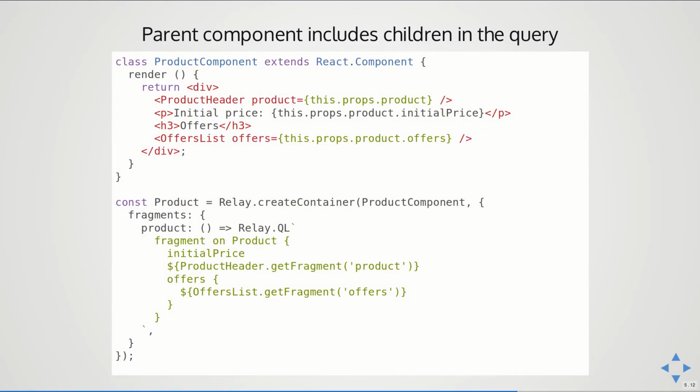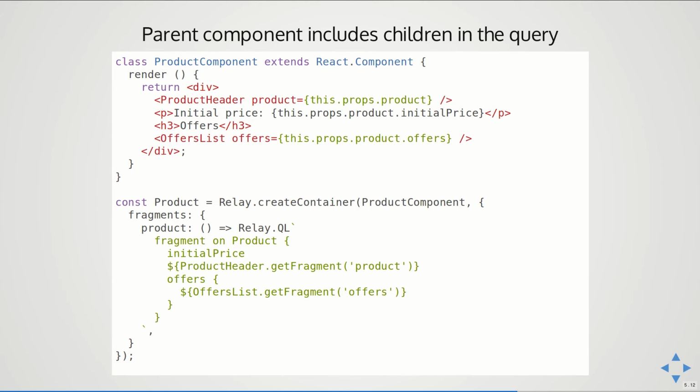Another nice thing is that in React we pass props top down. So the root component gets all the props and distributes them to the children. So children should not be very aware of what goes on in a level above. The same concept is also here. You can see that in the root component we have product header and offers list, and also the initial price of the offer. In the container, we define that we want the initial price that will be used in this component, but we also have some dependency.